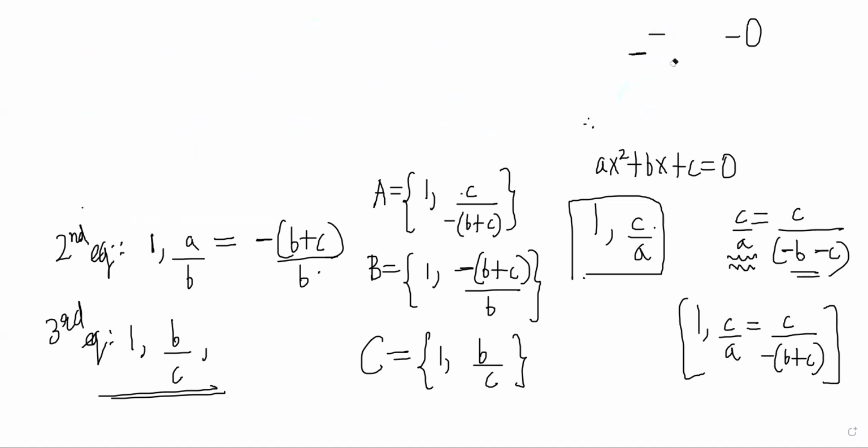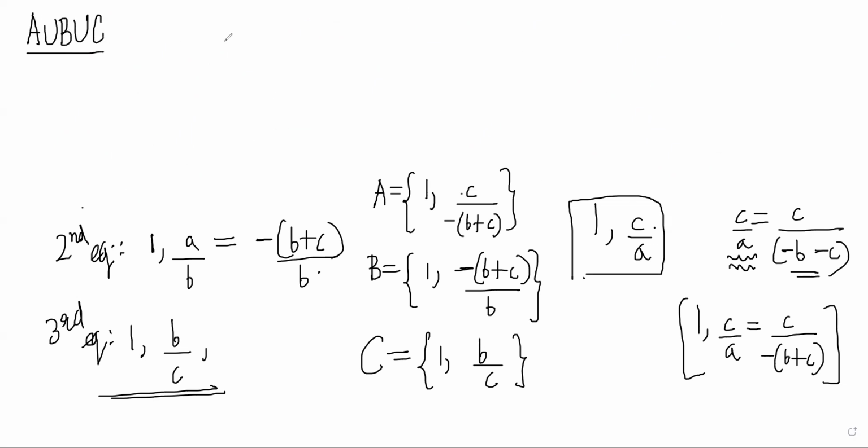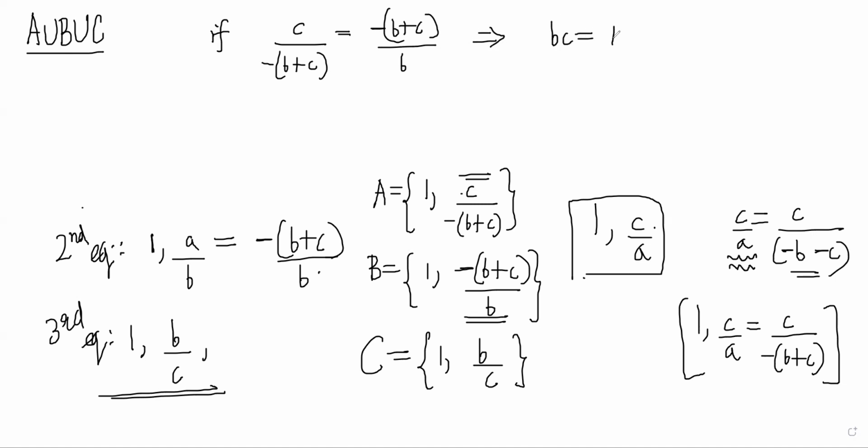So basically we have to check whether some of these could be equal to each other or not, right? So if the root here is equal to this root, so basically if we have c by minus b plus c is equal to minus of b plus c by b, that would imply bc is equal to b plus c whole square, or b square plus bc plus c square is 0.